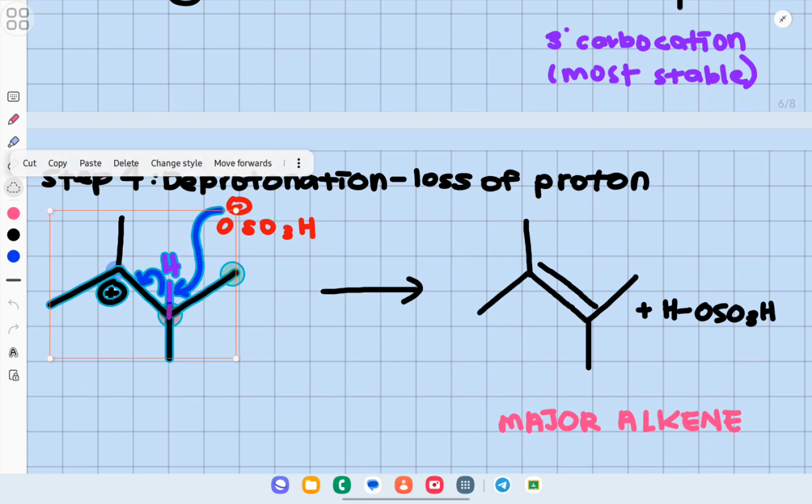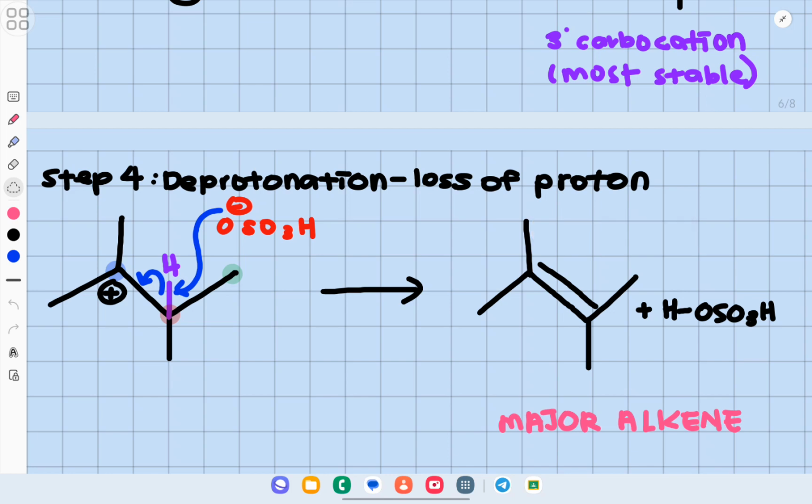This carbocation will become an alkene, and also the acid will form. One alkyl group from the red carbon will form a carbon-carbon double bond with the blue carbon.